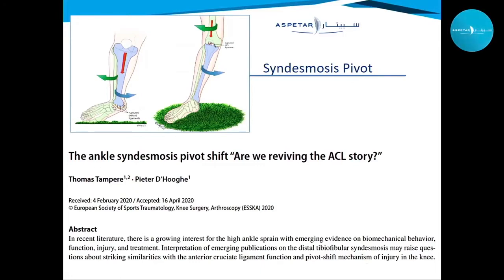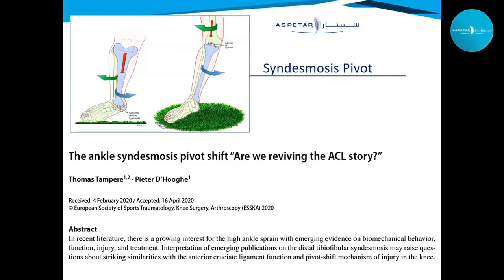And of course, we need to validate this idea, but we are pretty convinced that it's the position of the foot on the surface, as Dr. Athol Thompson clearly identified in his research and in the session today, that there is a link between the foot position, the surface, and the eventuality of a syndesmosis tear versus an ACL tear.